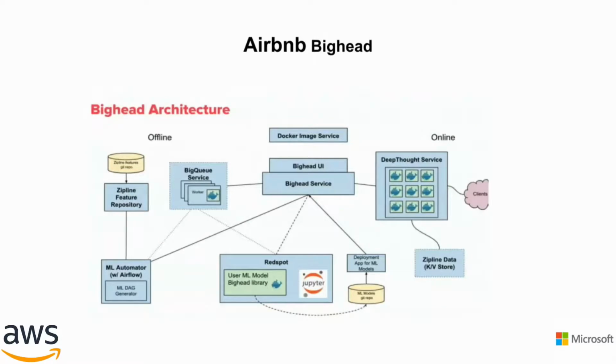Airbnb also has a system called Big Head. It's similar in spirit, but obviously the details are a bit different. There is this concept of a feature store here that we find in Michelangelo. There is some kind of automation, mostly for batch processes. There is this concept of a service as well, and a model repo.